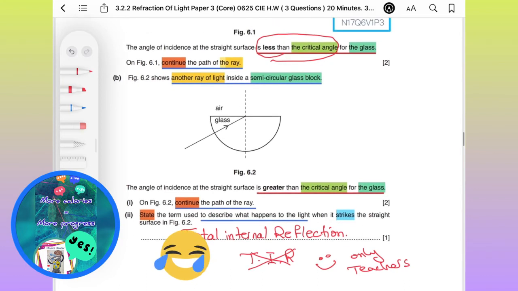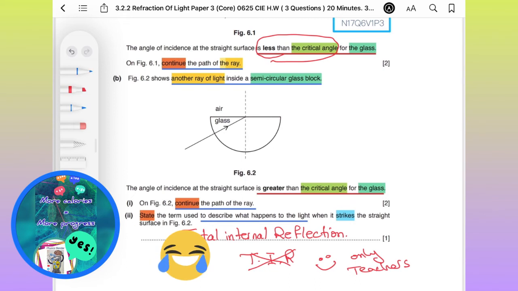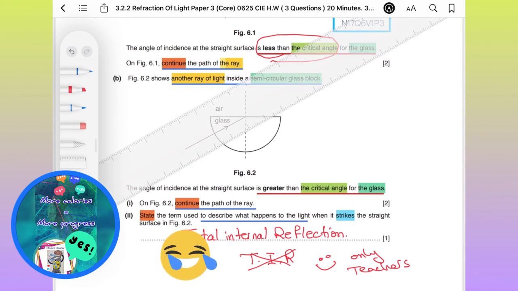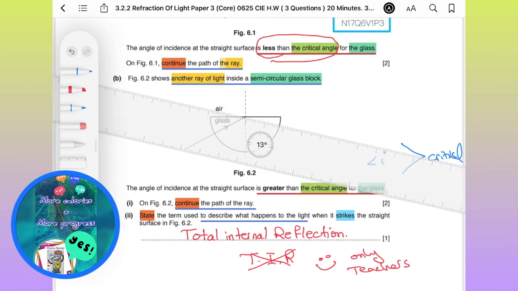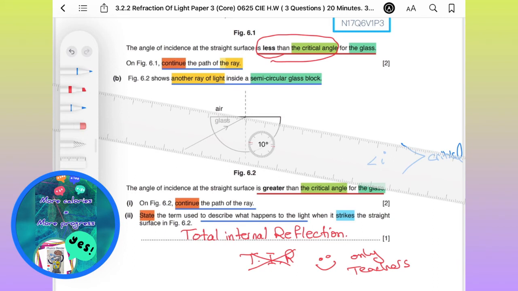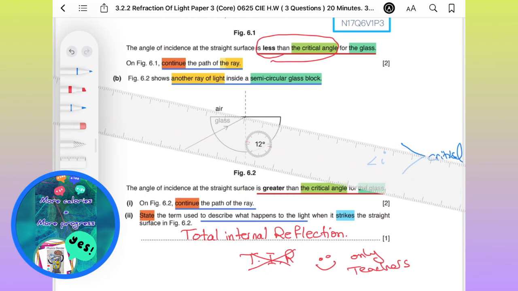so let's draw now what happens to the light ray as angle of incidence is now greater than the critical. So the light ray will be totally internally reflected, and it's very important to obey, the ray will obey the law of reflection. Angle of incidence should be equal to angle of reflection.